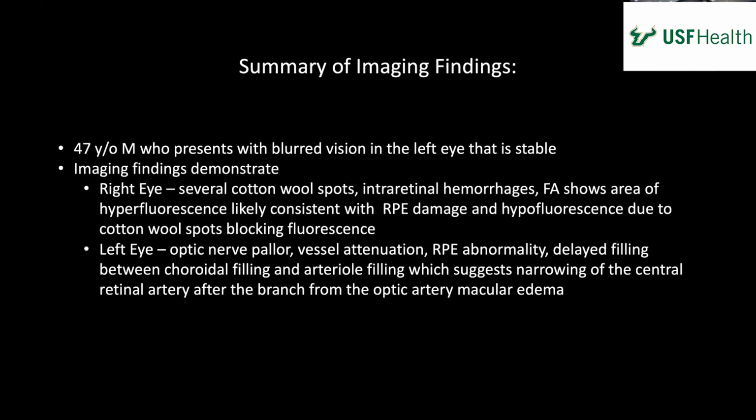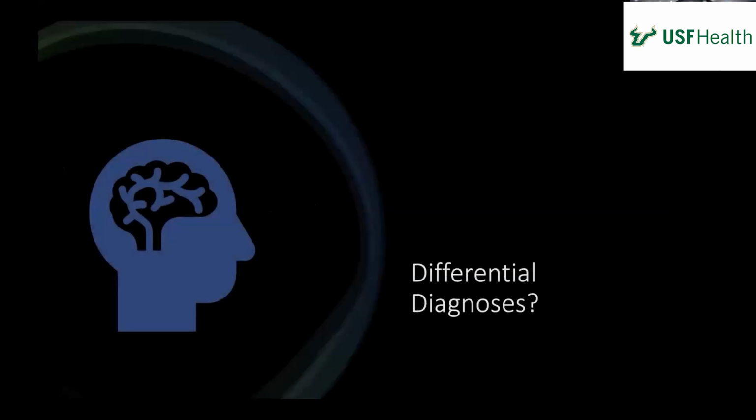Left eye had some optic nerve pallor, vessel attenuation, definitely. RP abnormalities, delayed filling between the choroidal filling and the arterial filling. And then sounds like, I guess, had a prior BRAO or CRAO in the past. Or something in the past.